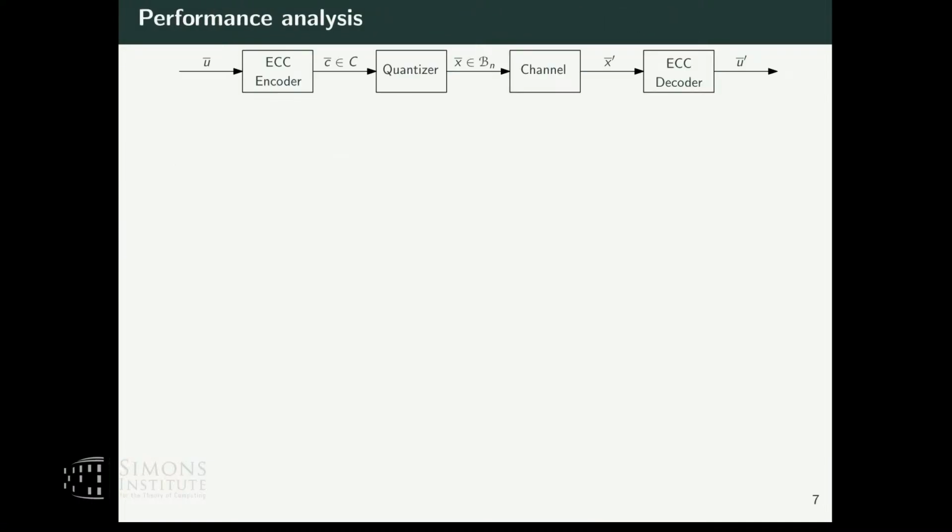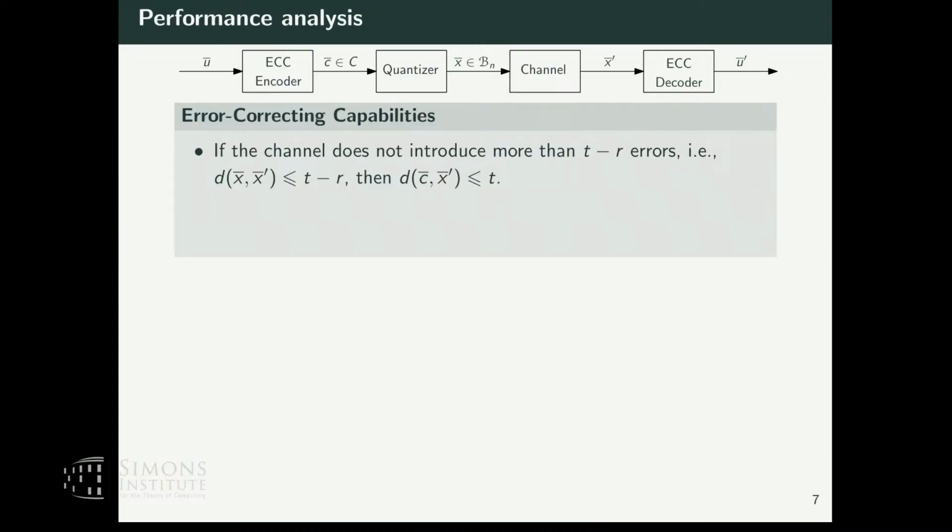Let's assume that the ECC code is capable of correcting T errors. Let's put some numbers on it. And this quantizer introduces, I don't know how, at most R errors, then we have a budget of T minus R more errors that the channel may introduce, and we will still be fine.